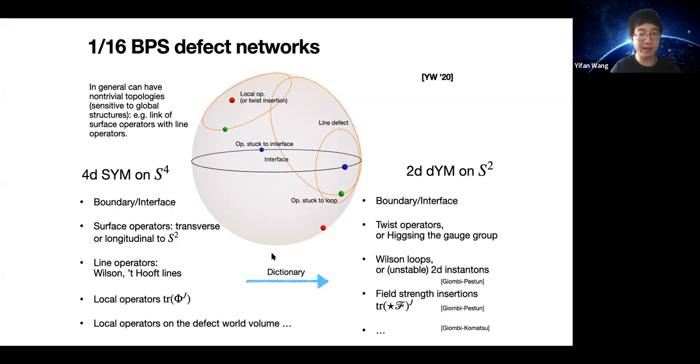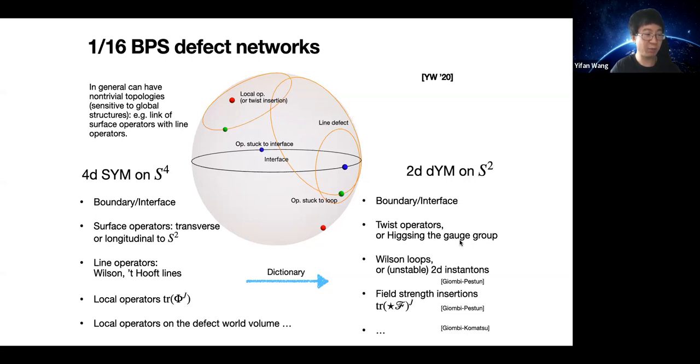Surface operators, depending on whether it's transverse to the S2, would correspond to some codimension 2 twist operators in the 2D YM theory, which impose some holonomy when you go around this insertion. If a surface operator is longitudinal to the S2, it will Higgs the gauge group in the 2D YM theory to some Levi subgroup.